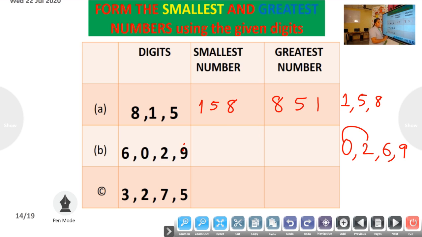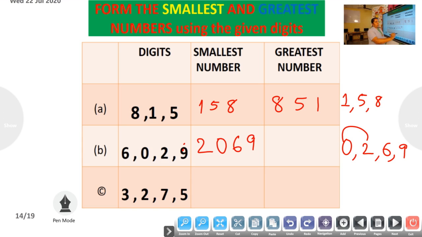So forming a number means there is no need to put a comma. You just write the number. 0 is the smallest, but you can't start with 0, so you start with 2. Can we put a comma there? No, because we are writing a number. So you write 2, 0, 6, and the greatest is 9.